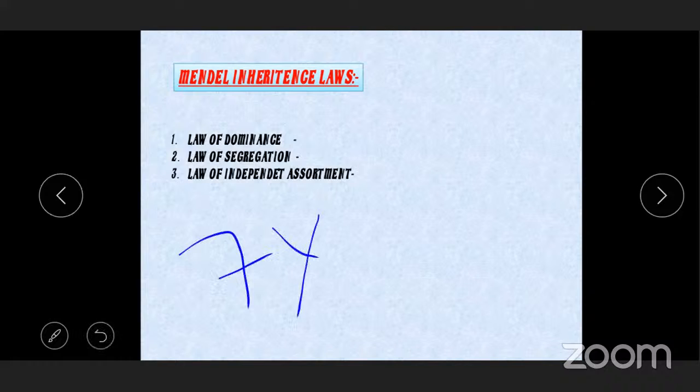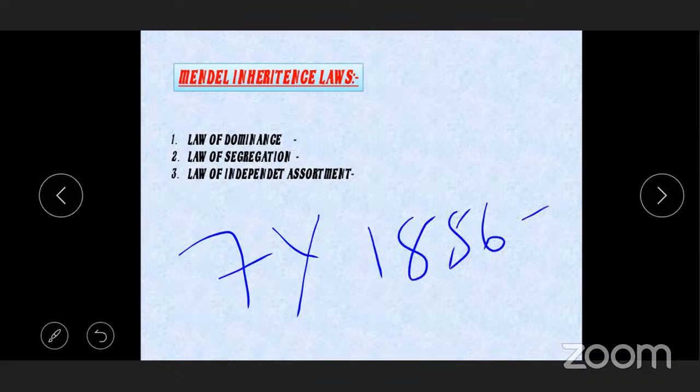How many years? 7 years, between 1856 and 1863. In these years, Mendel conducted hybridization experiments on the pea plant.